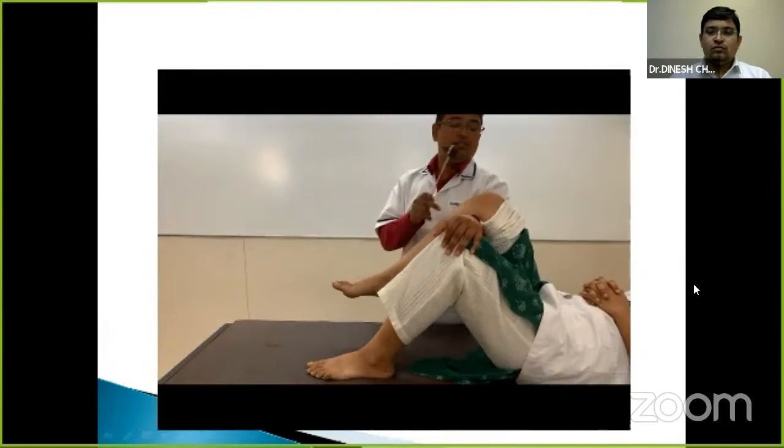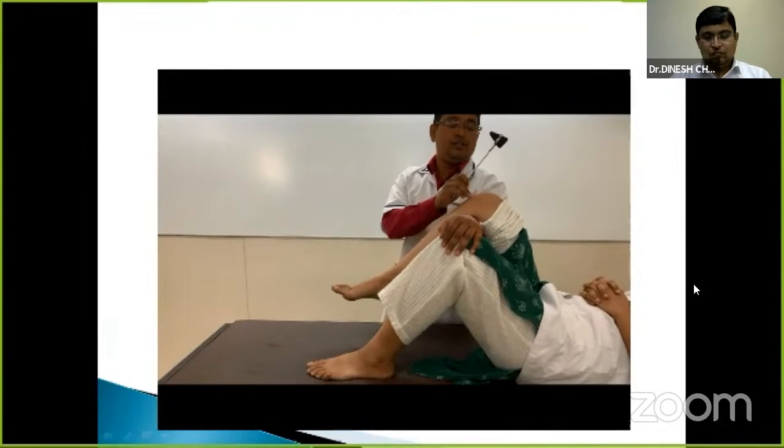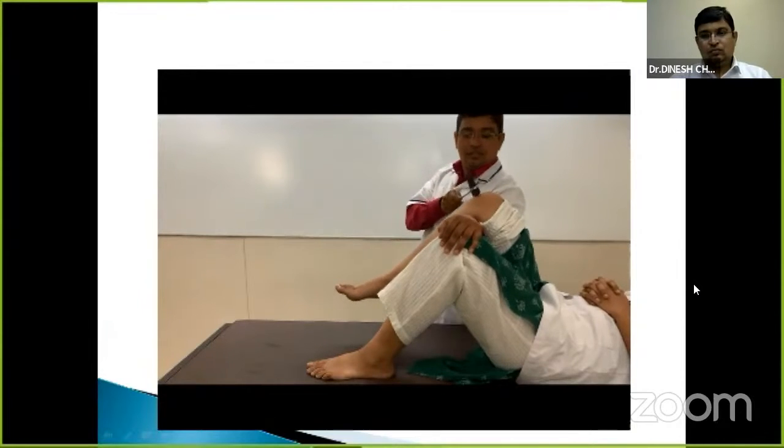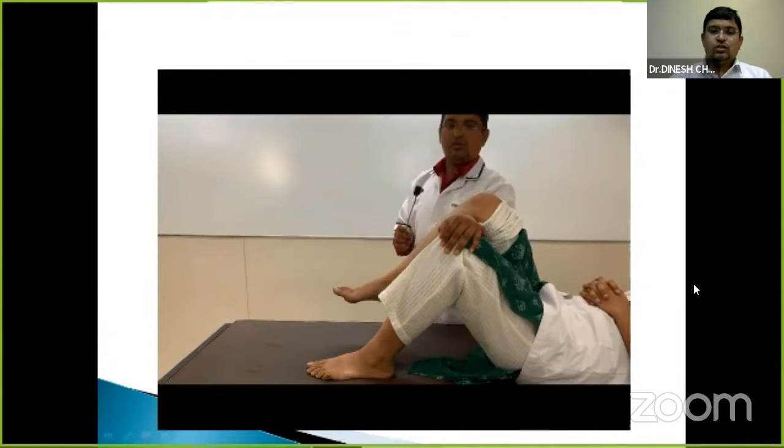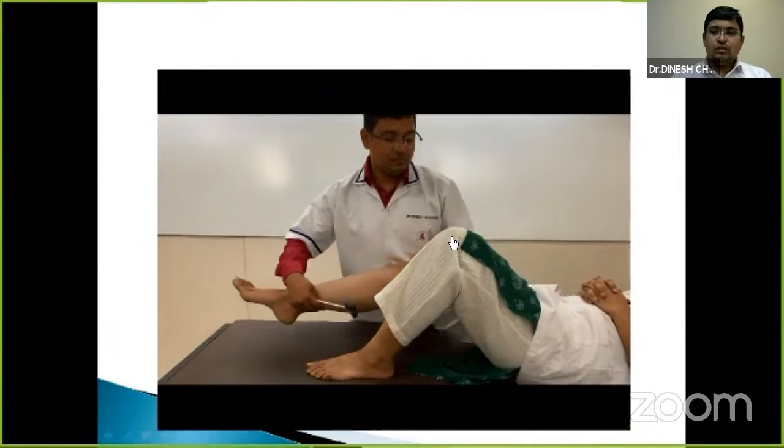Then palpate the patellar tendon just above the tibial tuberosity, and there we hit. For patients not able to attain a sitting position, we can perform it in supine. We flex the other leg, keep the hand on the other leg, and perform as we saw in the video.